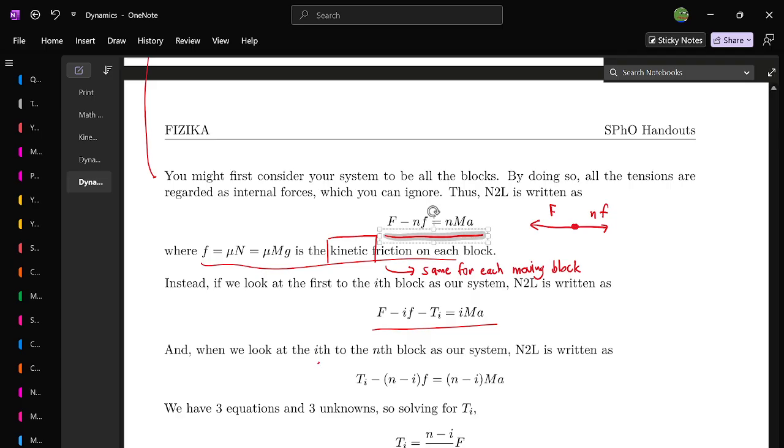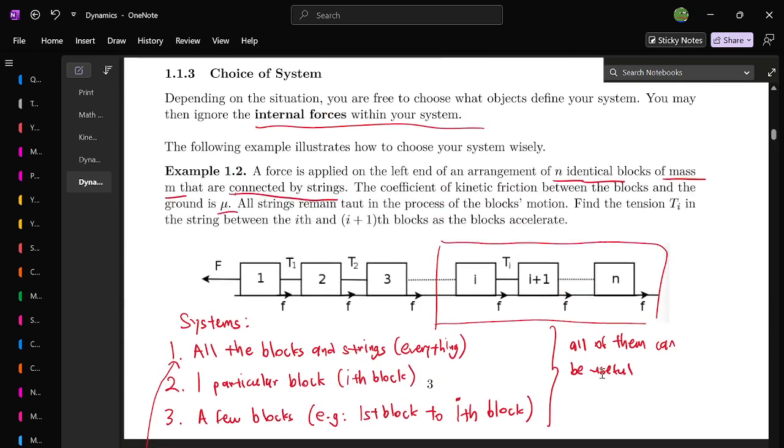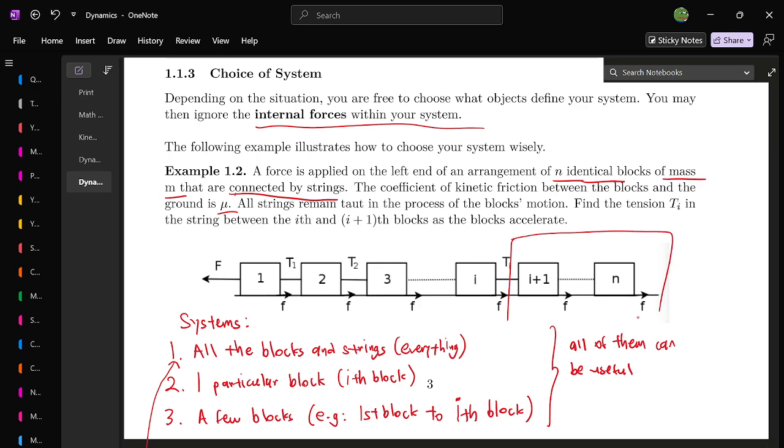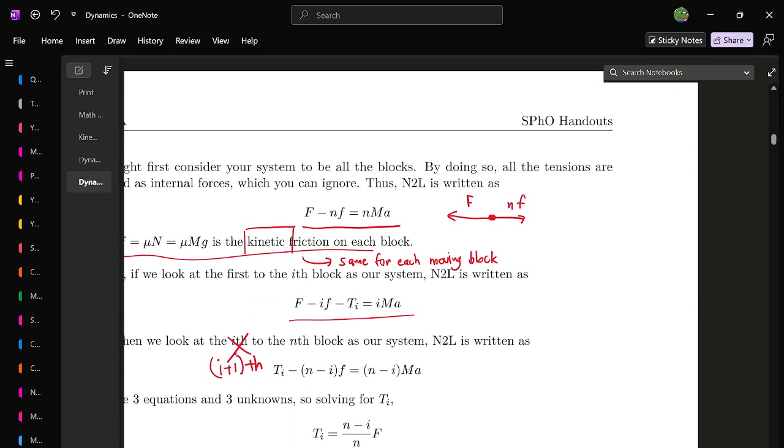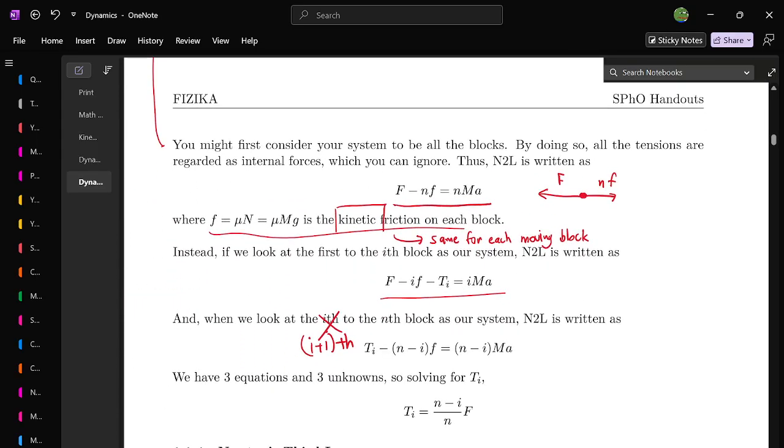This should be the (i+1)th to nth block. Small mistake here. So this is our rectangle. Then you have a tension Ti here, and you have your friction, which acts on n minus i blocks. And then you get that.